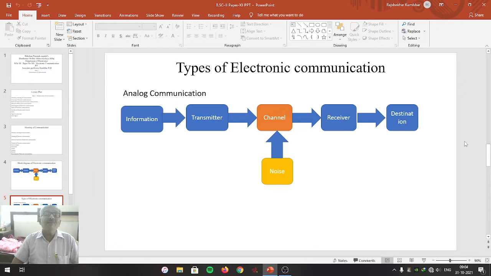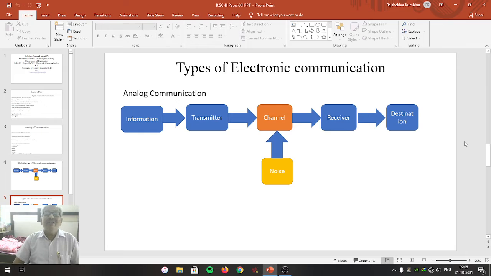But in case of digital communication, the continuously varying signal in the form of voltage or current is converted into a group of binary digits, a group of binary bits, and the collection of these binary bits forms the word, forms the data, forms the digital signal.